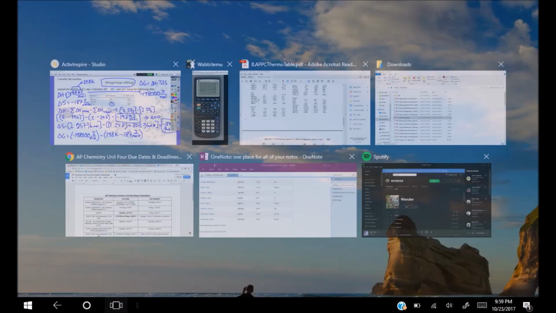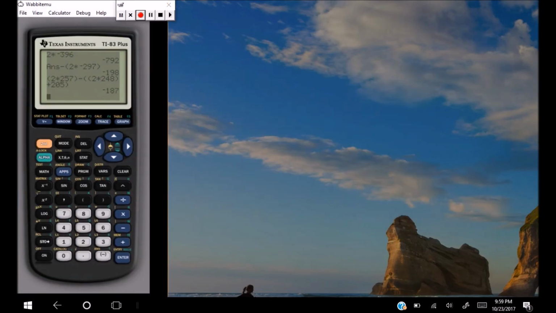Let's put those in the calculator together. Negative 198,000 joules minus 298 times negative 187. All right.